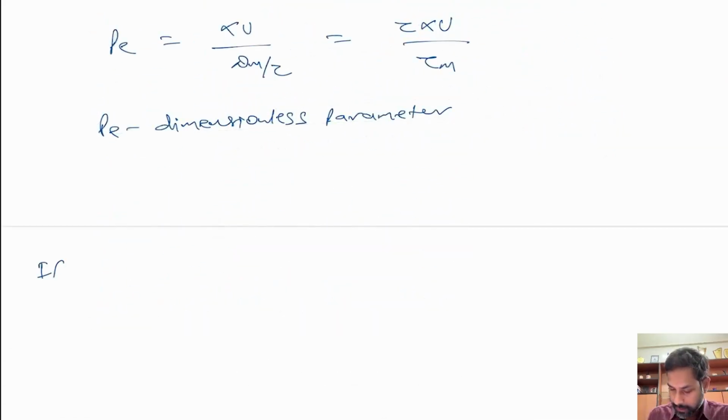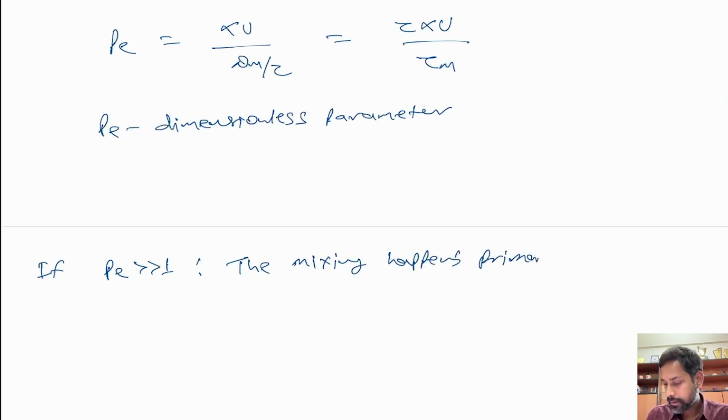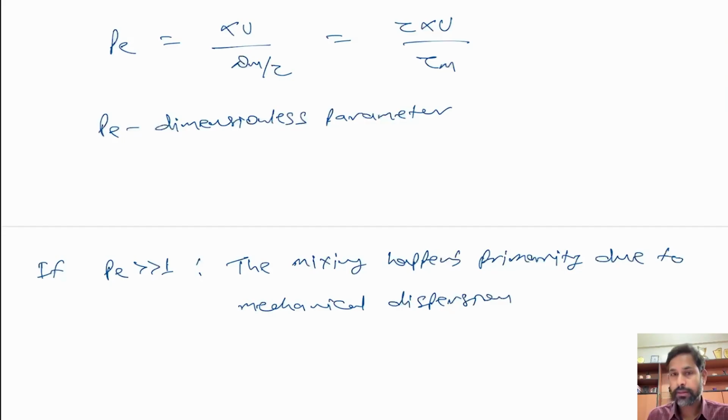So if the Peclet number is much greater than 1, the mixing happens primarily due to mechanical dispersion.